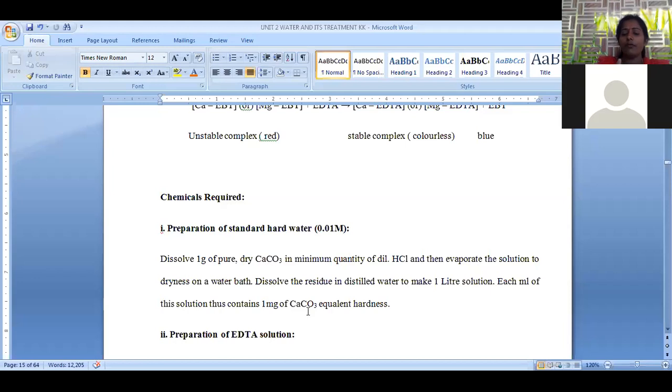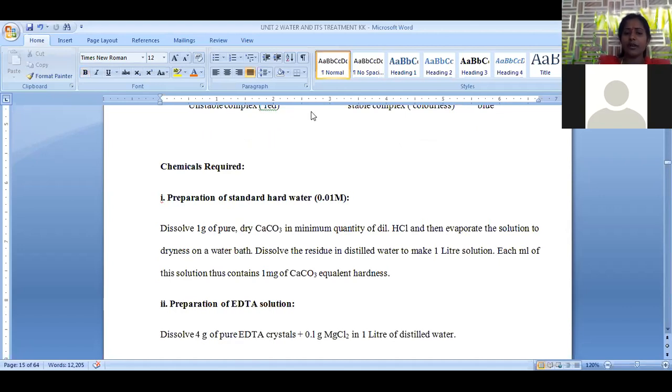Now we have prepared 1 liter of standard hard water. In that, 1 gram of calcium carbonate is mixed with excess dilute HCl and boiled till the total liquid is evaporated. The solid in that beaker is added with distilled water and made up to 1 liter. So this is step 1, the preparation of standard hard water.